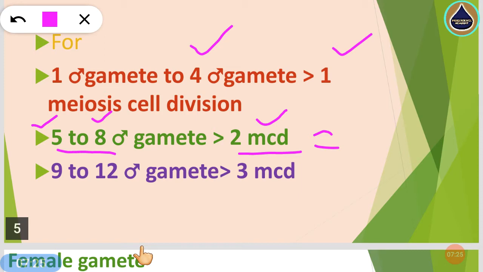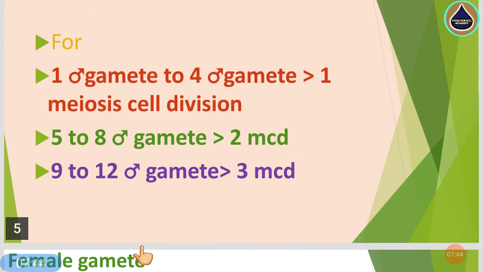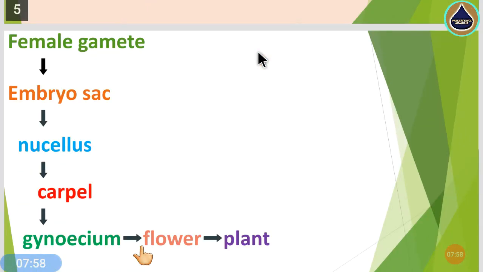And in the third example, for the formation of 9 to 12 male gametes, 3 meiotic cell divisions are needed, and so on. So it is now clear that one meiosis cell division is needed for the formation of 4 pollen grains, which will finally convert into 4 male gametes. Now we'll go for the female gamete.